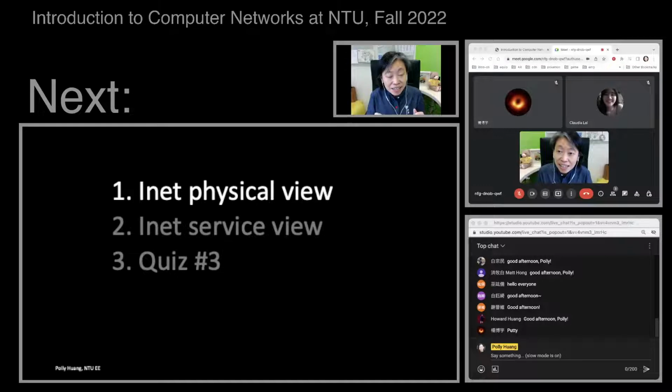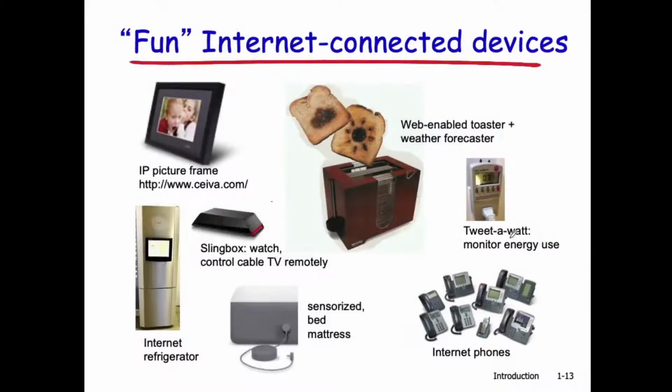Next, you might be surprised by the variety we have as end systems. Let me say a little more about end systems with this slide. Laptops, PCs, servers, smartphones are the things we typically use to connect to the internet. But nowadays, if you go shopping on Amazon or PC Home, you see a new generation of things that can all be connected to the internet.